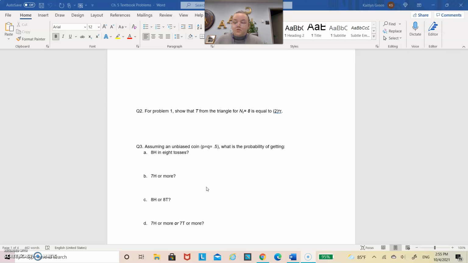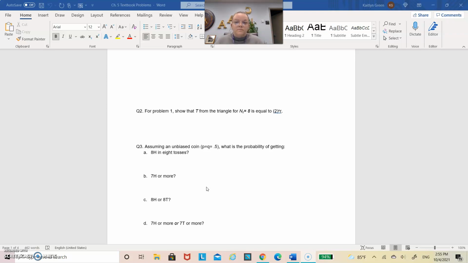And on Pascal's triangle, it does show you that the total equals 256, but just to verify that, I took all the coefficients from the first problem and added all those numbers together. So 1 plus 8 plus 28 plus 56 plus 70, and then go back down, and I got 256 for that answer.